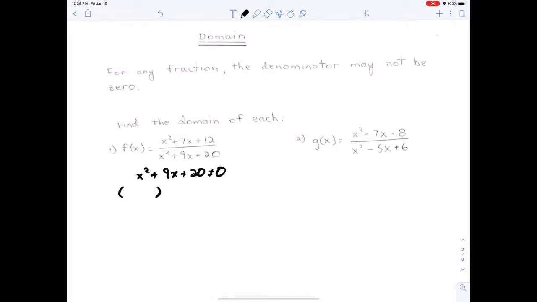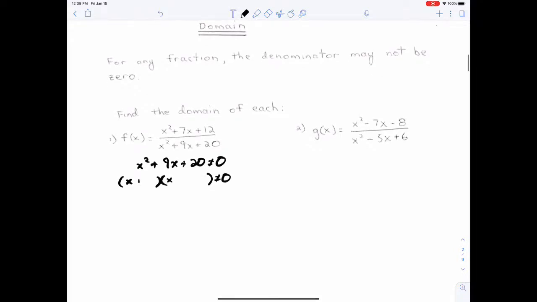The same way you'd solve it as if it said equal to 0. x times x gives us x squared, and 5 times 4 gives us 20, with 9 in the middle. So x is not negative 5 and negative 4. If that's what's excluded from the domain, then what is the domain? The domain is everything else.